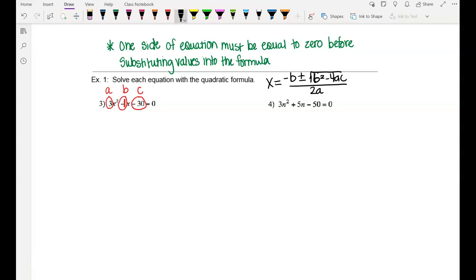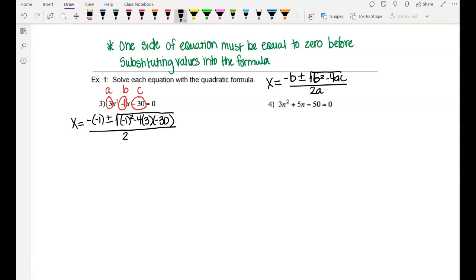So I'm going to substitute in. B is already negative. The formula calls for negative b, so you have to make sure to account for that. So x equals negative 1 plus or minus the square root of negative 1 squared minus 4 times 3 times negative 30.